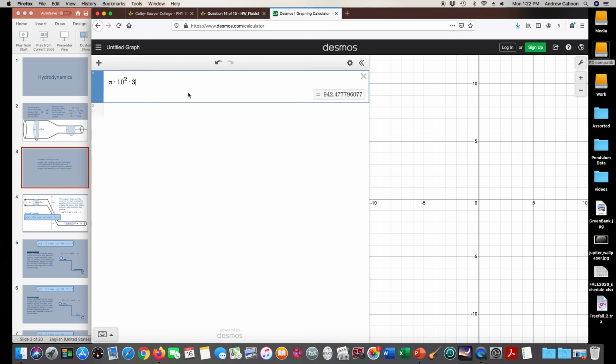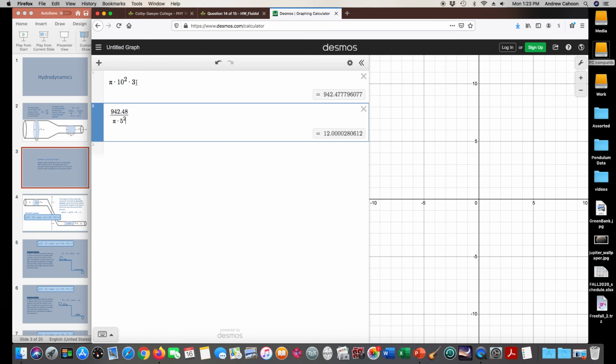So what we'll do is take this value, 942.48, and divide by the area on the second side, which is pi times 5 squared, to get an answer of 12 meters per second. So we use the continuity equation.